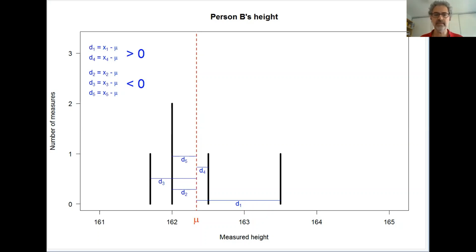So now we can begin to think of this line as a line that is pulled by the different observations. And we want this line to just settle wherever all the different pulls balance out.